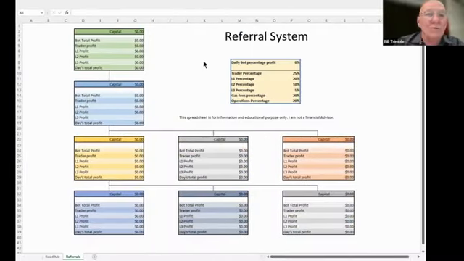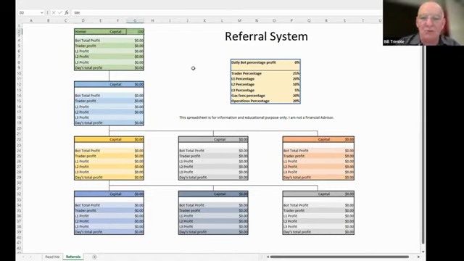So what I've done here, I've built a little spreadsheet so that we can look at the effect that this percentage and how having downlines will affect your profit. So this first box here, I'm going to put a name in there. Let's put Homer in there. And let's say Homer comes into Fusion Experience with $1,000.